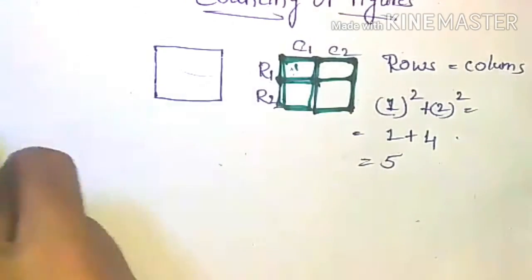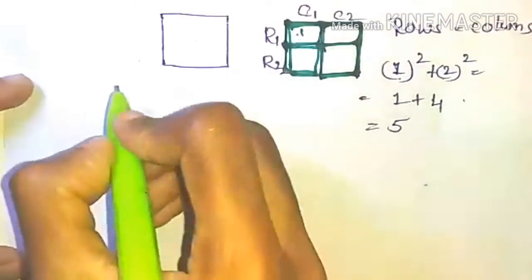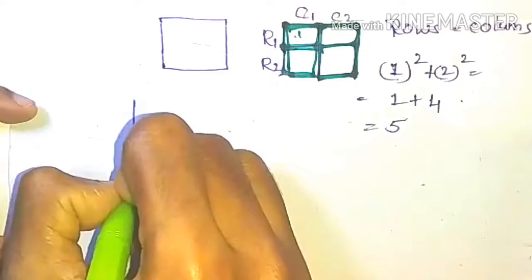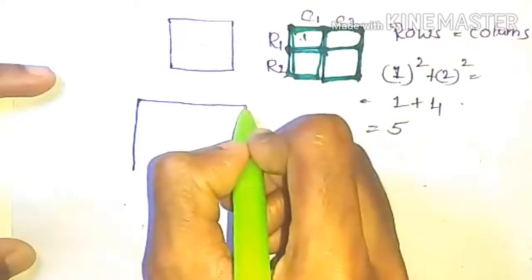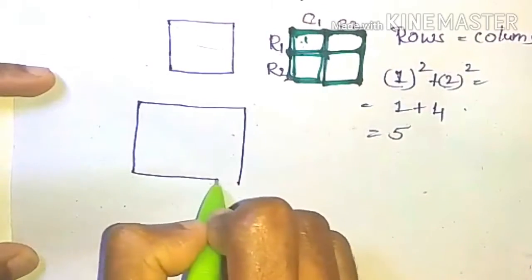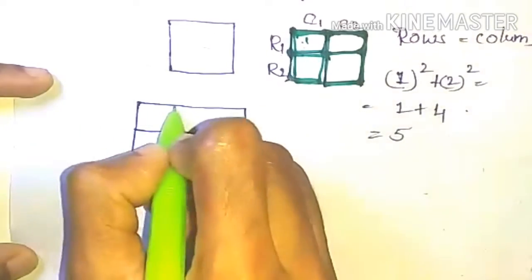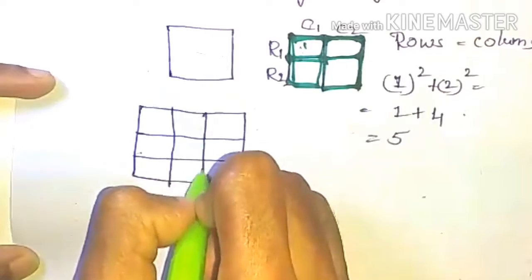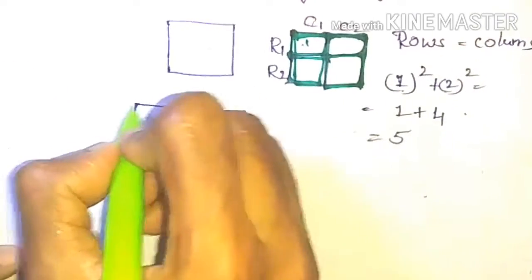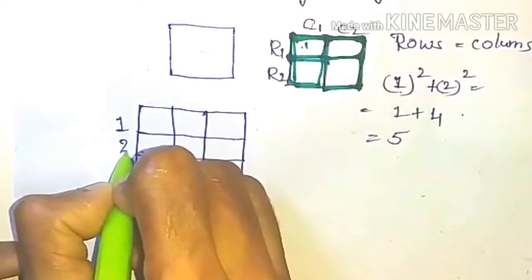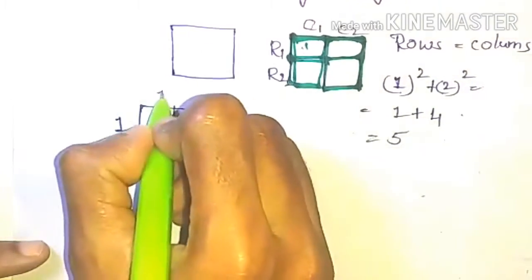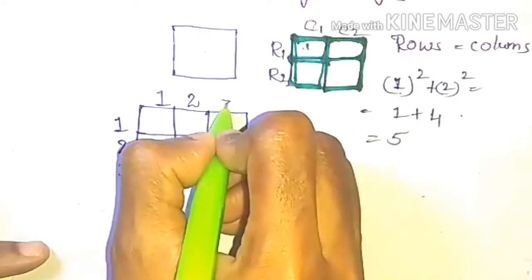Let us take one more example. Here you can see this is one row, this is the second row, this is the third row, 1, 2 and 3.